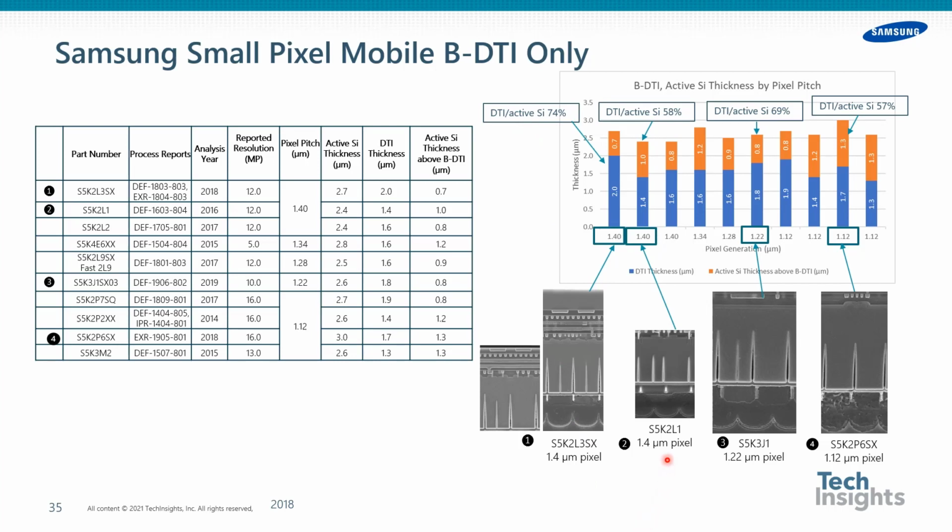For the 2L1, 1.4 micron pixel, the ratio is a little bit different, 58%. More recently, the 3J1 sensor, which is a dual photodiode, had a ratio of 69% DTI to active silicon.